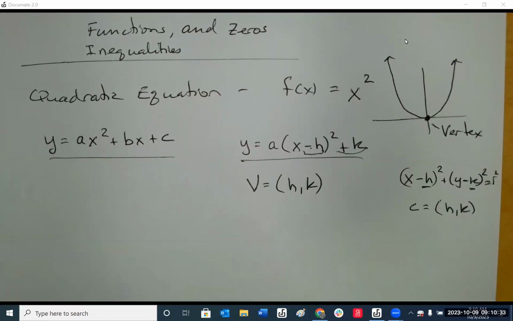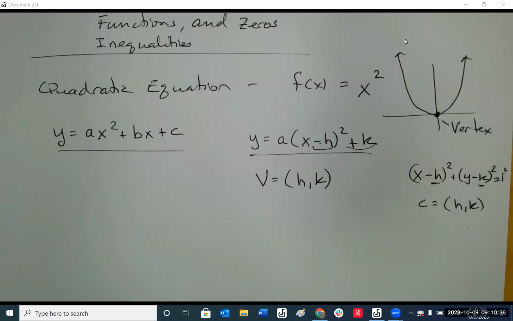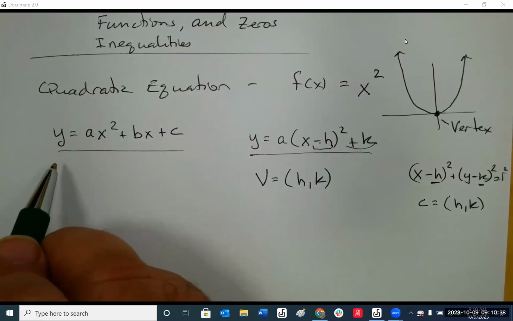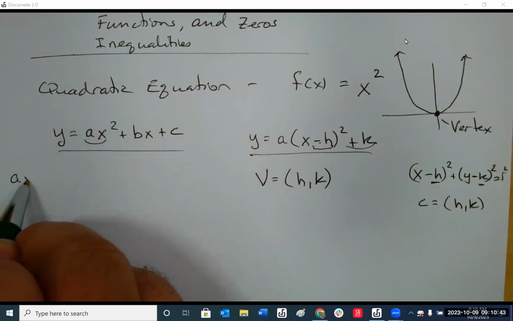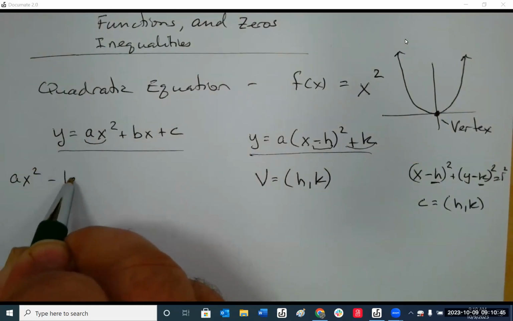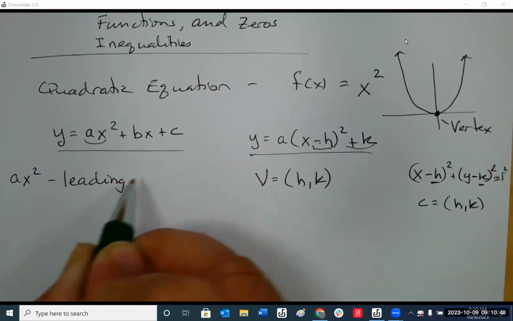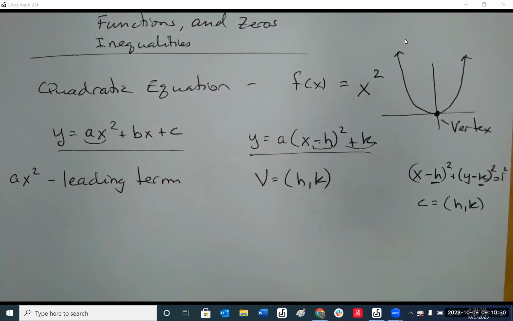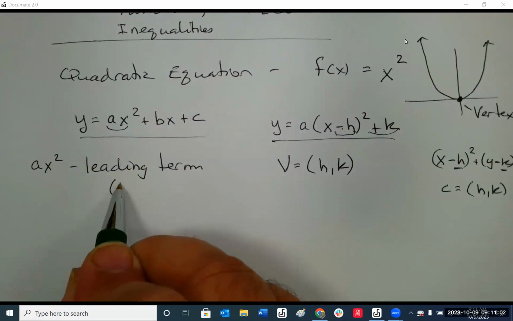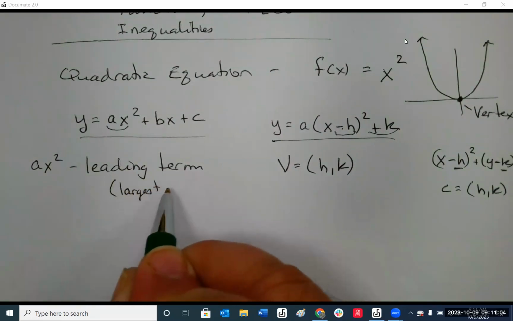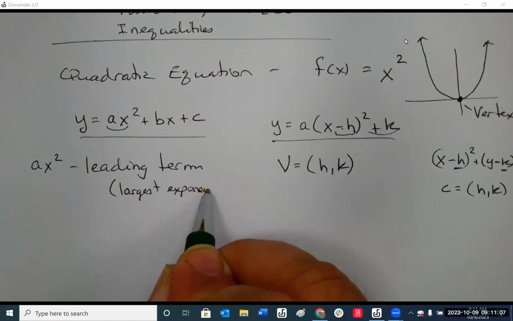This equation tells us other stuff. ax squared is called the leading term. The leading term of any polynomial and any equation is the term that has the highest exponent, the largest exponent.